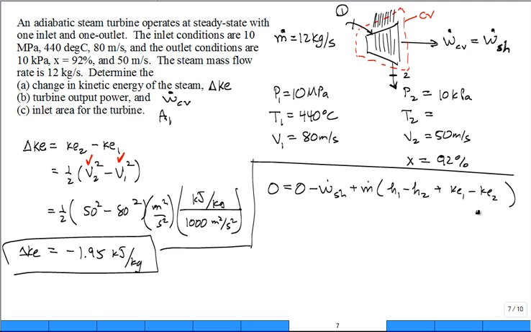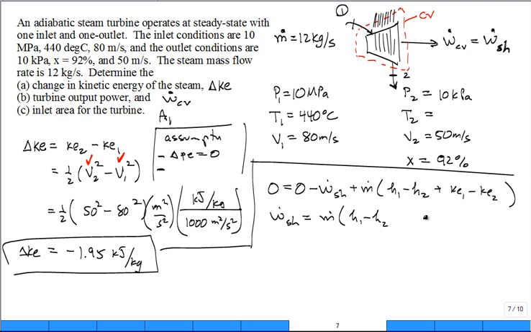And there's no mention of change in potential energy. If you wanted to make a little assumption list, changes in potential energy are 0. I tried to clean this up a little bit. So the shaft power, what I'm trying to calculate, is mass flow rate times H1 minus H2. And now look, there's a minus sign delta KE on, because I already calculated delta KE.